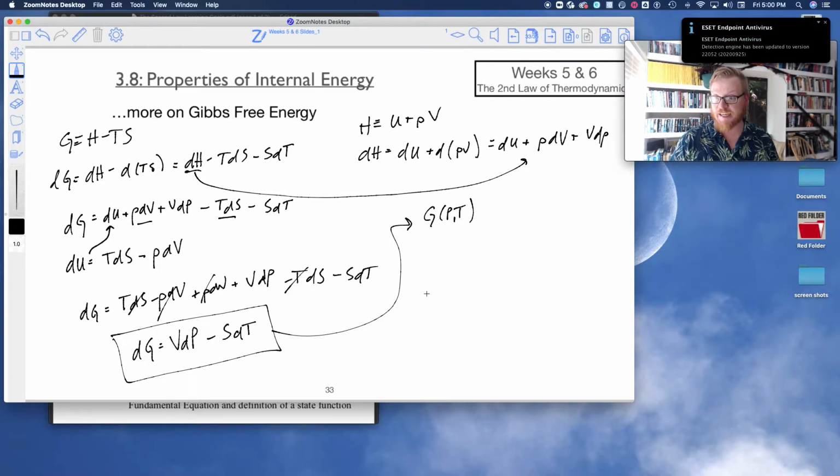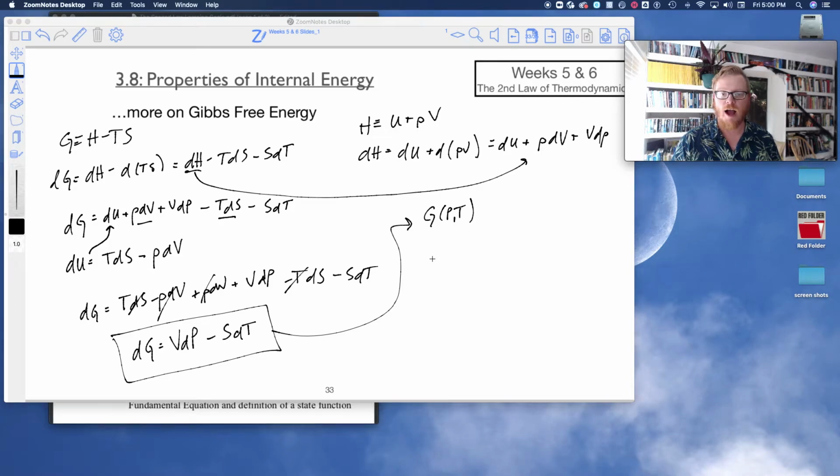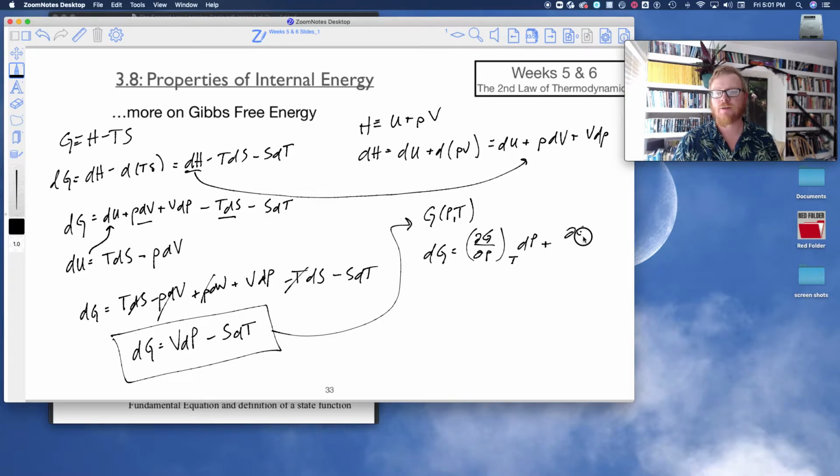And because we know G is a state function, I'm going to say dG, because I can see that it's connected with P and T, right, is the partial of G with respect to P at constant T dP plus the partial of G with respect to T at constant P dT. And once again, doing this game reveals something awesome and powerful and unexpected.